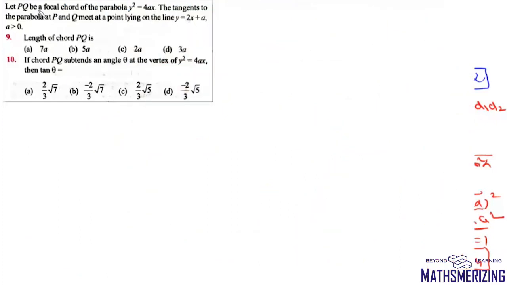Now here the question is, let PQ be a focal chord of parabola y square equals 4ax. The tangents to parabola at P and Q meet at a point lying on the line y equals 2x plus a. And now it is given that PQ is a focal chord. So we'll first draw this parabola.